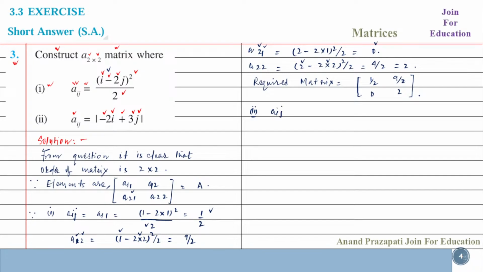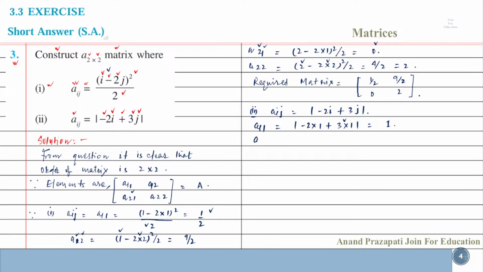Aij equal to absolute value of minus 2i plus 3j. Therefore here will be A11 equal to minus 2 into 1 plus 3 into 1 equal to 3 minus 2 equal to 1 and absolute value of 1 is 1.